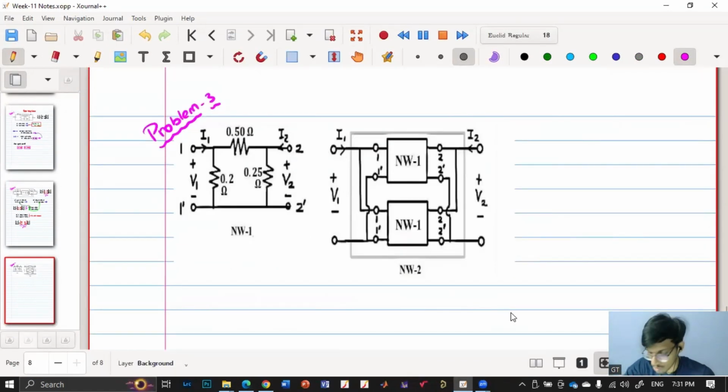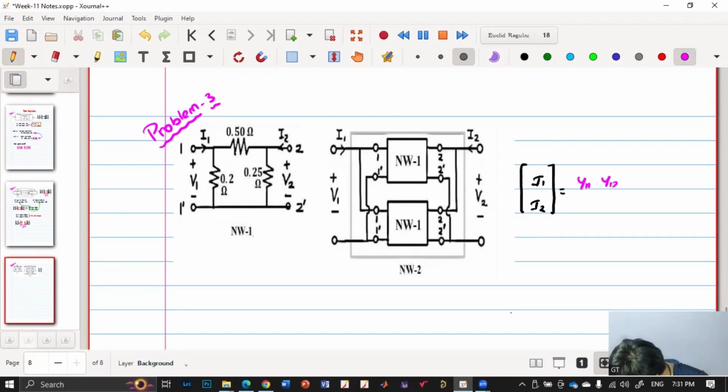So how will we get the y parameters? Let me write it here: I1, I2 is equal to Y11, Y12, Y21, Y22 multiplied by V1, V2.